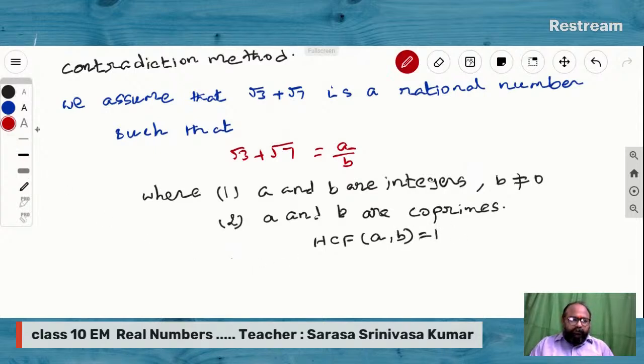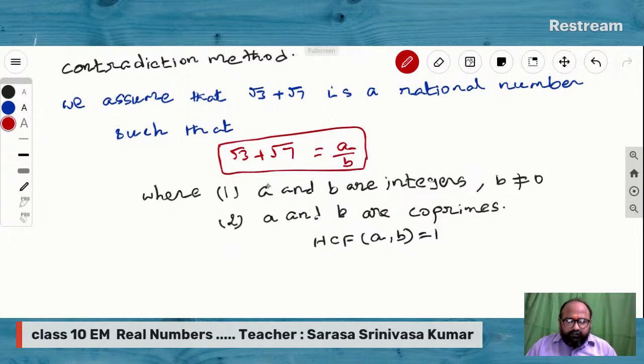So here we have defined a rational number of the form a by b. That is, we assumed that square root of 3 plus square root of 7 is a rational number a by b with condition 1 and condition 2.